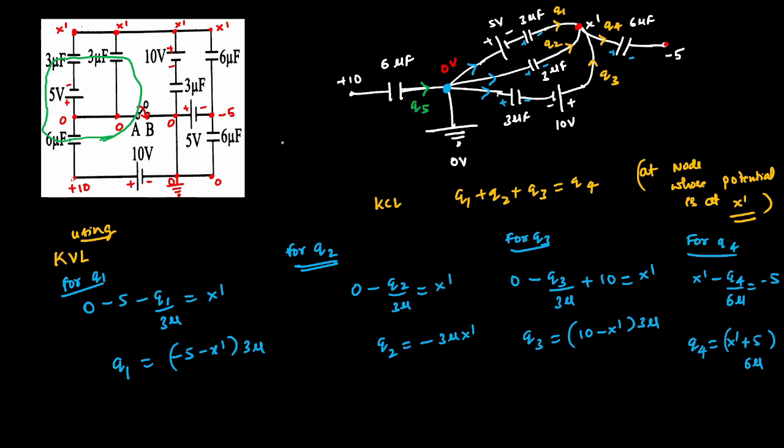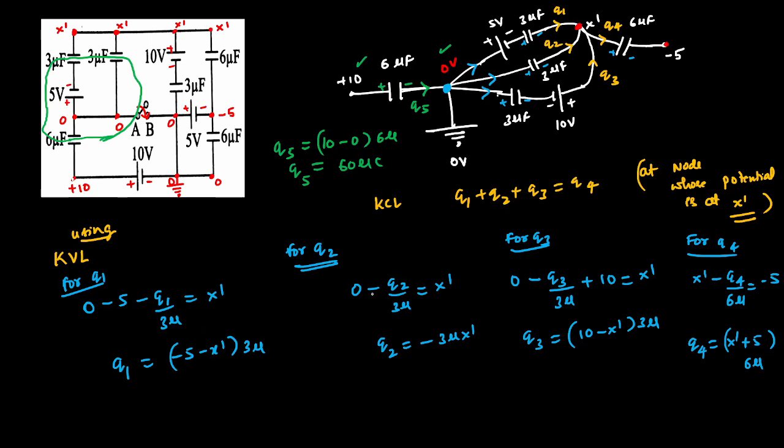Q5 is the potential difference, 10 minus 0, times the capacitance, 6 micro. So you'll have 60 microcoulomb as the charge flowing through this branch, Q5. You know that this is plus and minus. So this is what we have here.